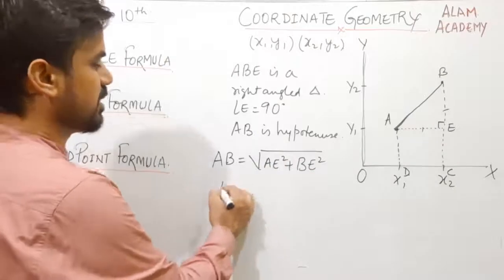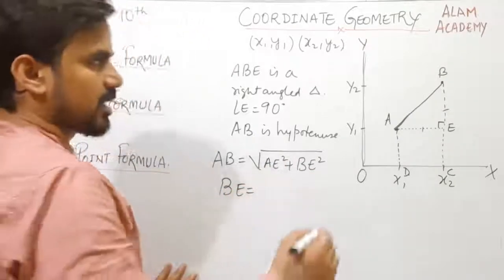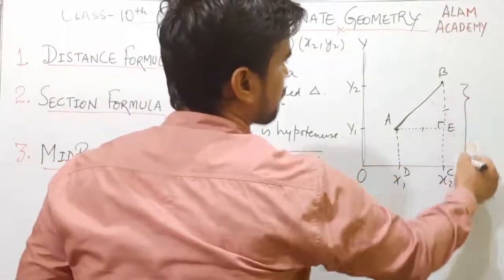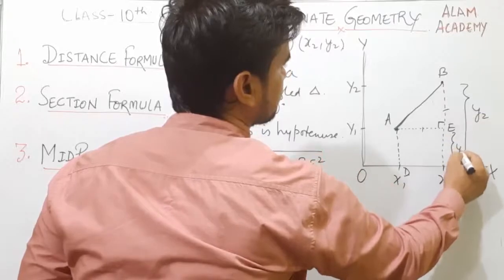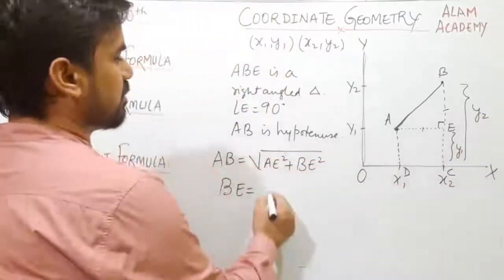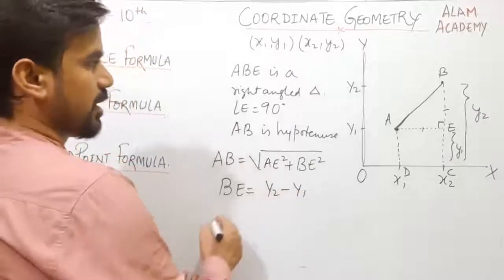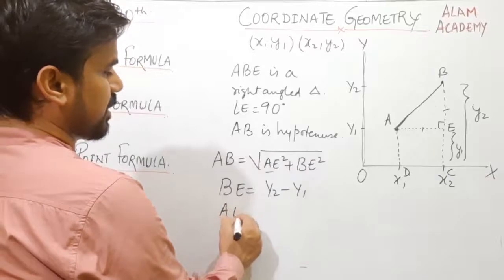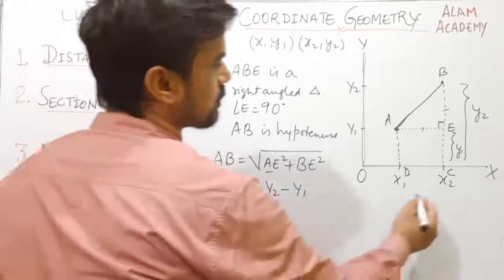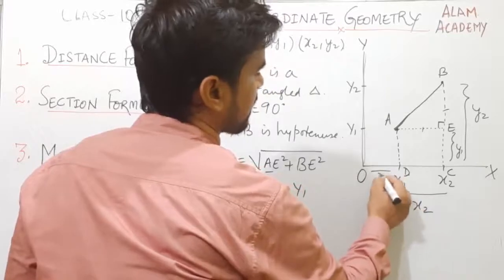So BE will be equal to what, the total length here, that is y2, and this length is y1, so BE will be y2 minus y1. Now we have to find out the value of AE. AE will be equal to what, total distance is x2 and this one is x1.